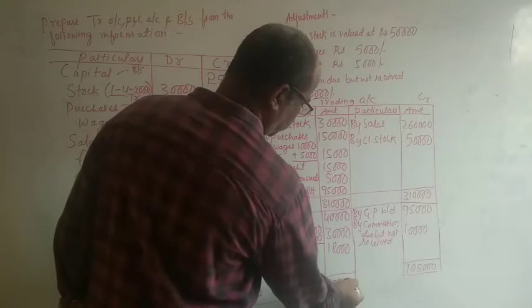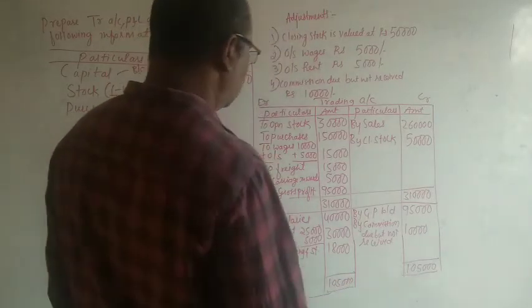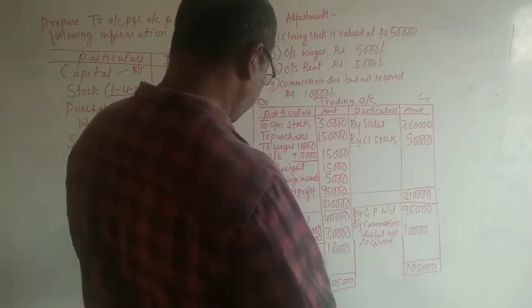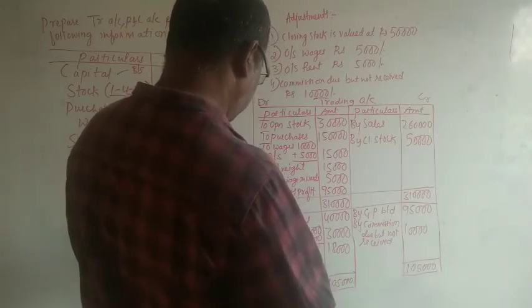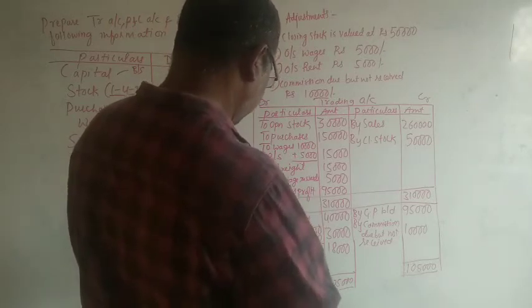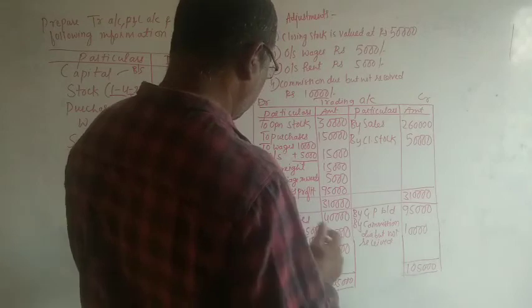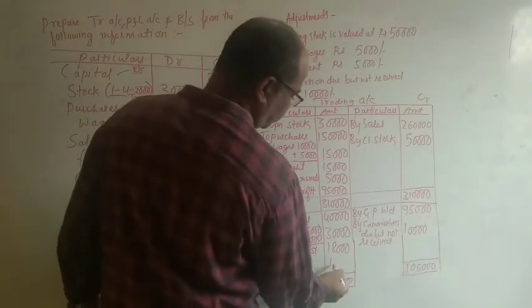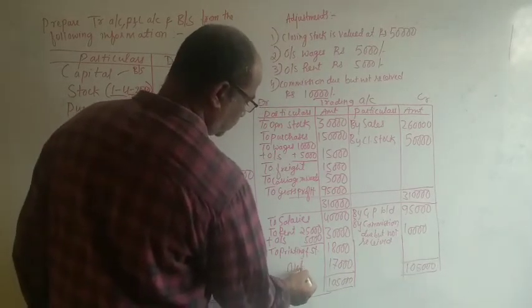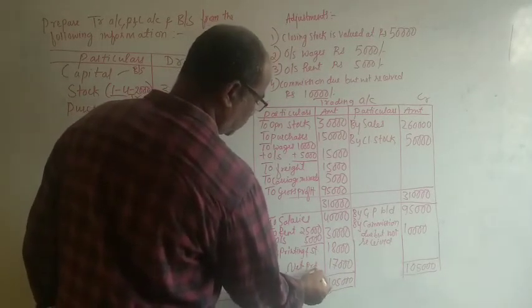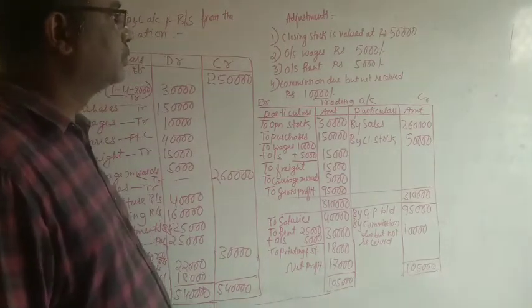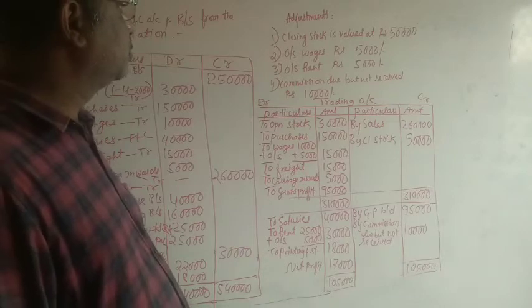Then 40 plus 30 is 70, plus 18 is 88,000, which has to be deducted from this. 1,05,000 minus 88,000, net profit is 17,000.